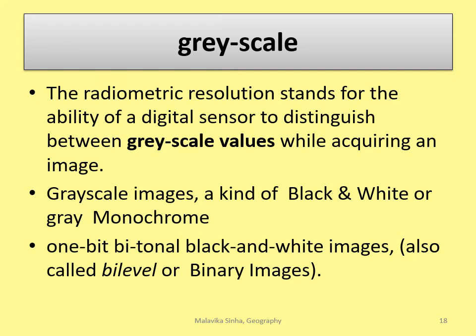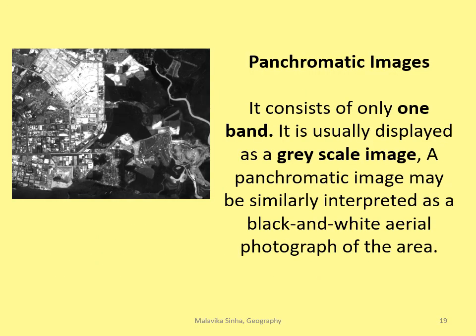Radiometric resolution stands for the ability of a digital sensor to distinguish between grayscale values. In the case of a panchromatic image, we very clearly identify the grayscale. It can range up to 12 bit for the imagery of a panchromatic image.